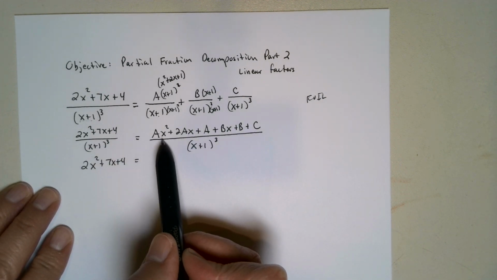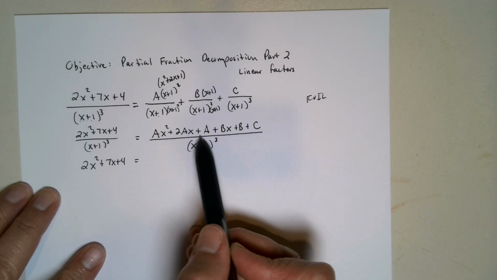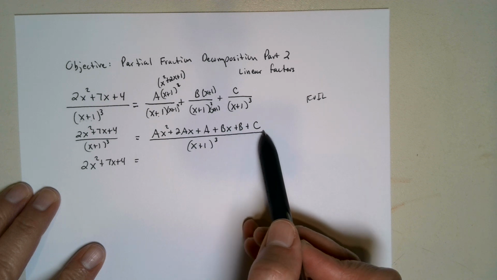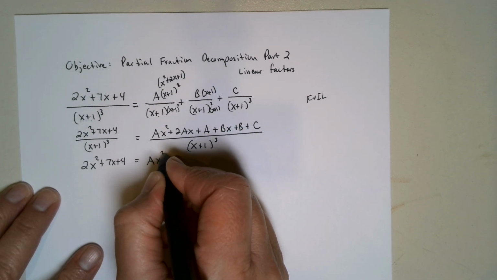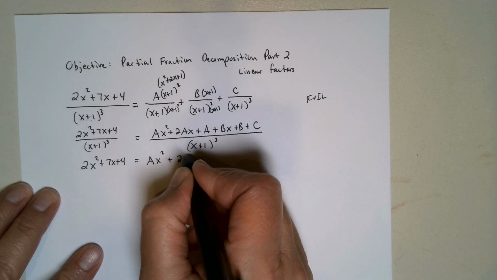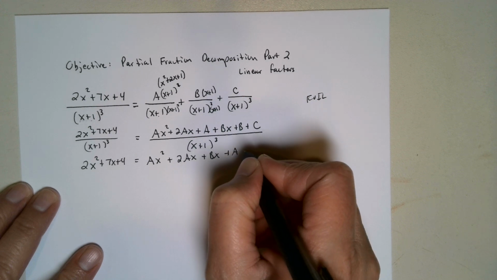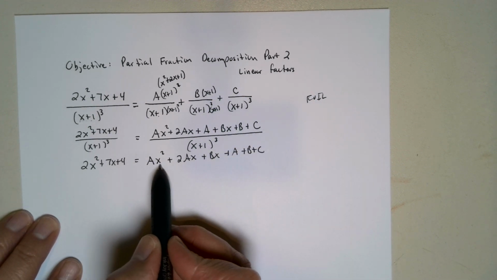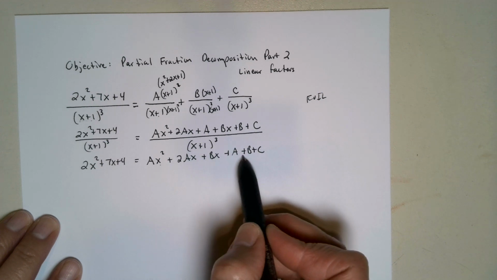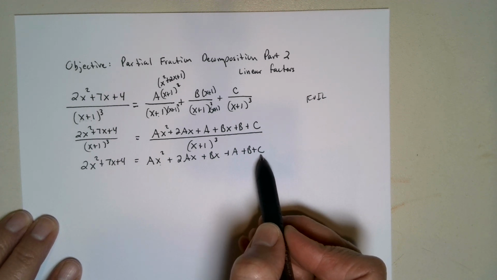Now, at this point, I'm going to go ahead and rearrange the numerator on the right and put the terms in descending order. And so I'm going to start with ax squared. And then I'm going to have 2ax plus bx plus a plus b plus c. So I have my x squared term and my x terms, and then my letters that do not have x with them.